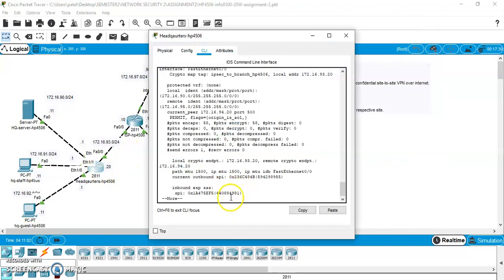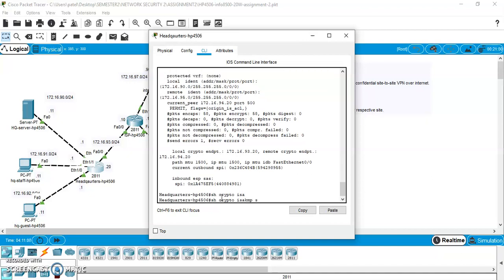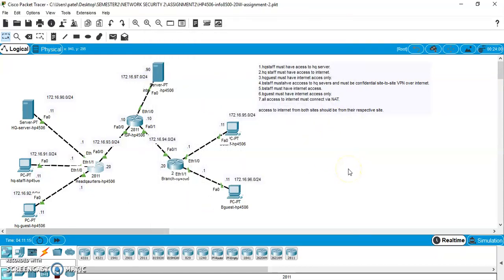Same here, as we can see, source and destination. So it means that the tunneling was done, the NAT configuration was done properly, and the VPN was created as per the requirement.